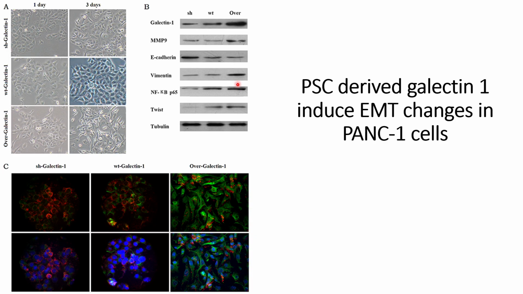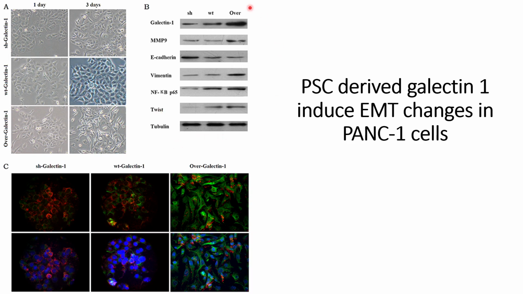This indicates that the mesenchymal type behavior is increased, and one of the reasons could be upregulation of NF-kappa B P65, and also the Twist pathway, which is upregulated in the overexpressed Galectin-1 co-cultured PANC-1 cells, whereas it is downregulated in the Galectin-1 knockdown PSC co-cultured cells. And for the control they used tubulin.